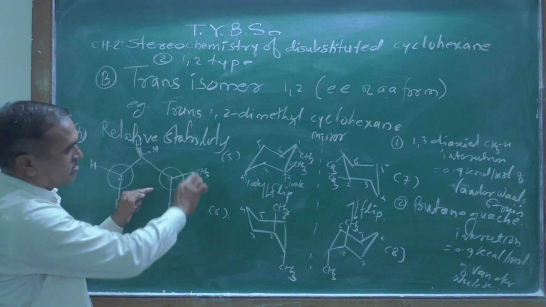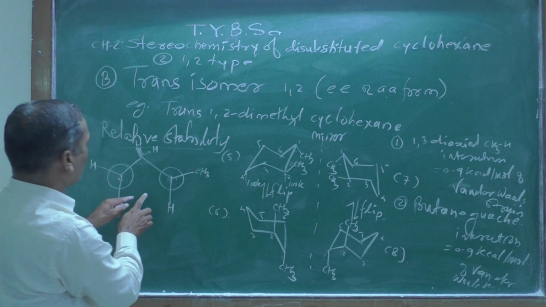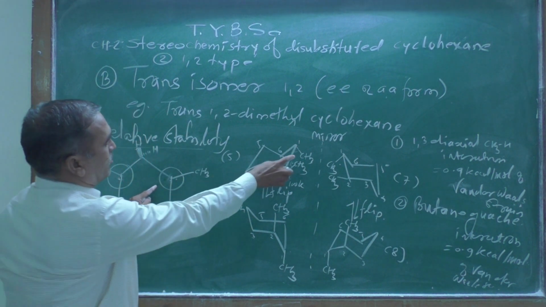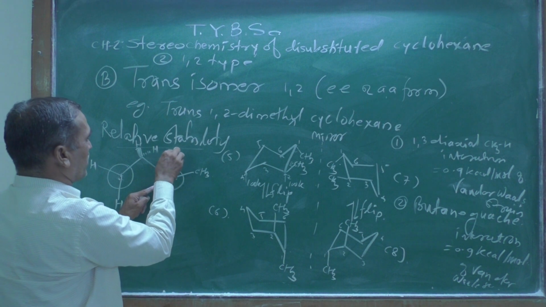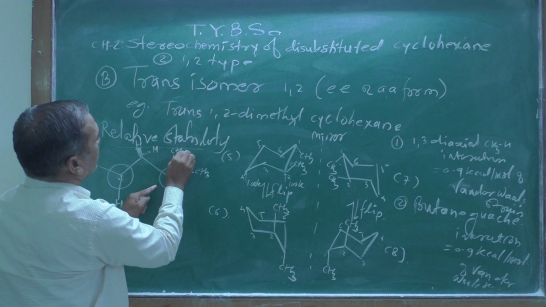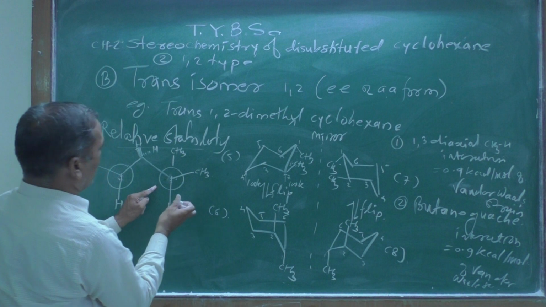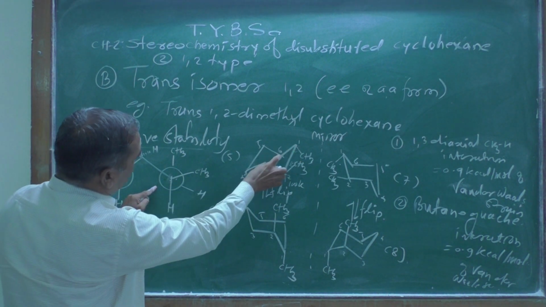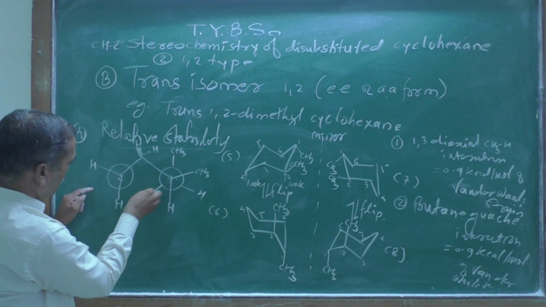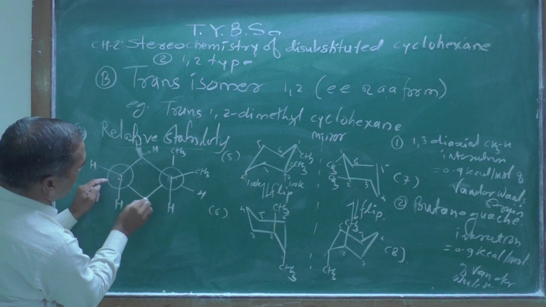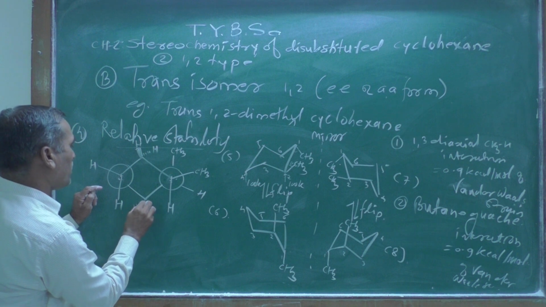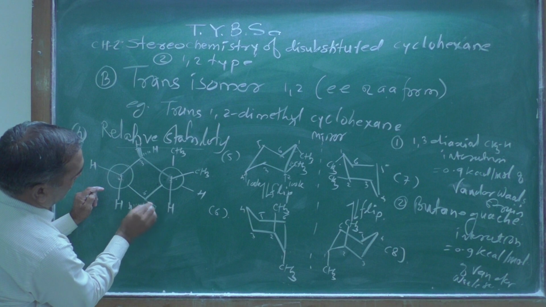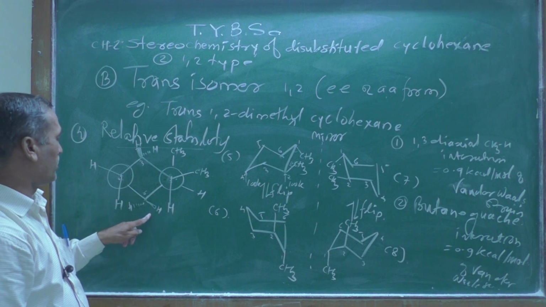Now carbon number 1 here has one methyl group, you can write a methyl group over here, right? And now one hydrogen atom, and this bond is connected to this 6 one. You can draw one of the hydrogen atoms here. This is another hydrogen atom you can draw here.